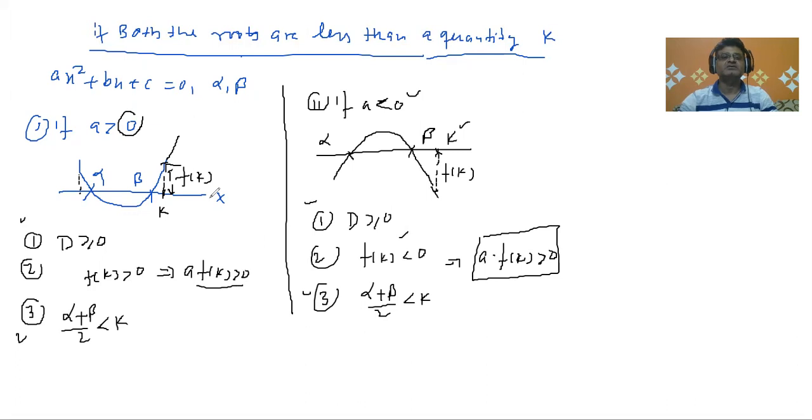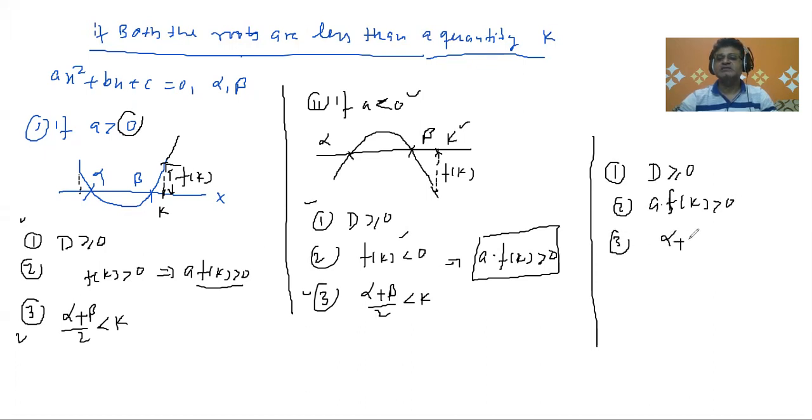We need not discuss a greater than 0 and a less than 0 separately. So the overall conditions are simply three: D is greater than or equal to 0, a into fk is greater than 0, and alpha plus beta by 2 should be less than k. These are the three conditions through which we can restrict that both the roots are less than the quantity k.